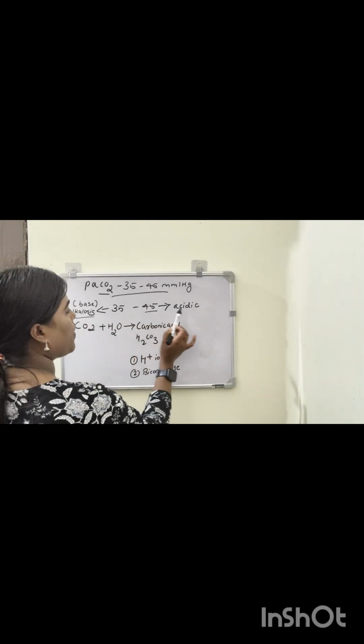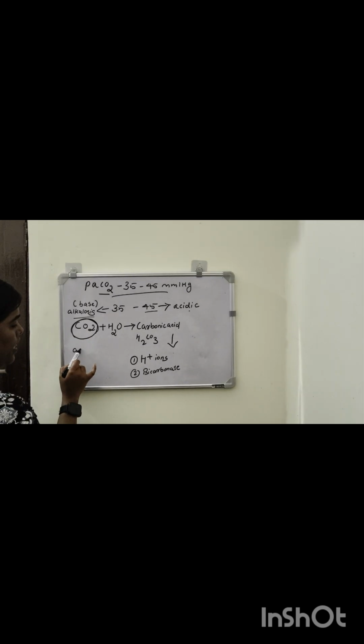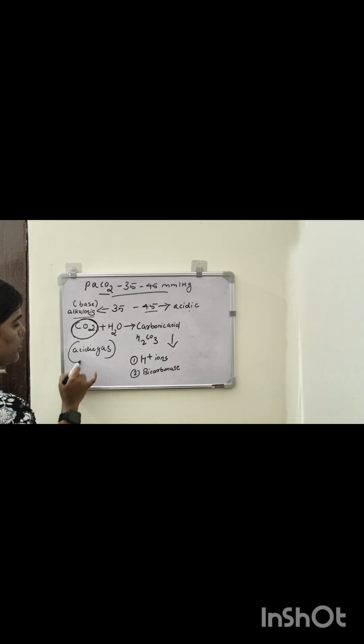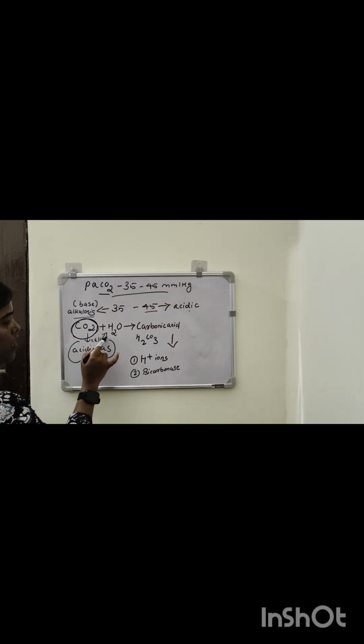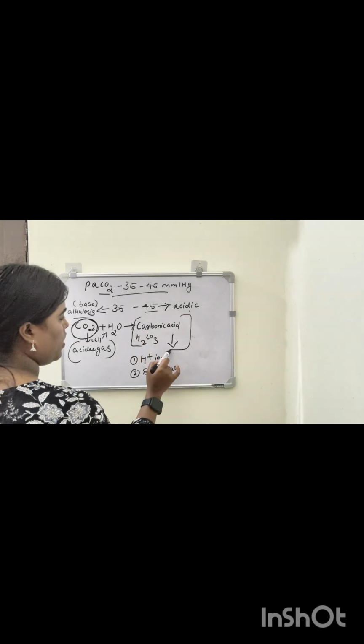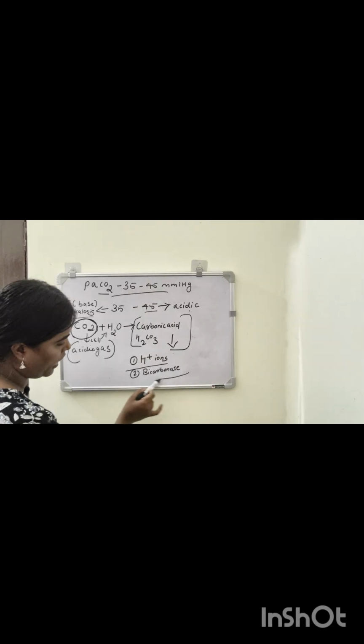more than 45, acidosis. Why? The CO2 is an acidic gas. Why? The CO2 comes out of this cell, then reacts with the water, then forms carbonic acid, which releases the hydrogen ions and the bicarbonate.